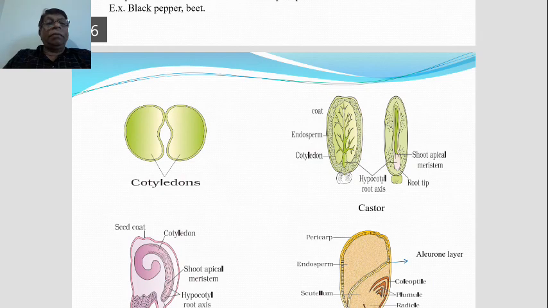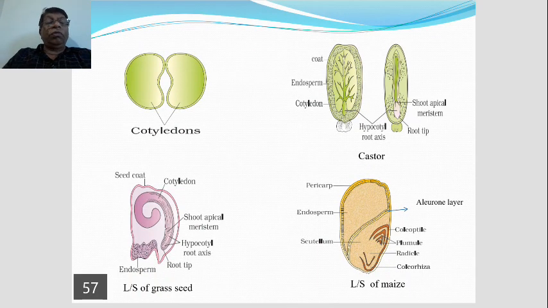See the diagram showing two cotyledons and the protective layer. ಬೀನ್ಸನ್ನ ಓಪನ್ ಮಾಡಿದರೆ ಸಿಪ್ಪೆ ಬರುತ್ತೆ, ಹೊರಗಡೆ ಇರೋದು ಥಿಕ್ ಇರುತ್ತೆ, ಒಳಗಡೆ ಇರೋದು ಥಿನ್ ಇರುತ್ತೆ ಮತ್ತು ಶೈನಿಂಗ್ ಇರುತ್ತೆ, ಟೆಗ್ಮಾ. ಓಕೆ, ಸಿ ದ ಡಯಾಗ್ರಾಮ್ ಕ್ಯಾಸ್ಟರ್ which contains the endosperm.